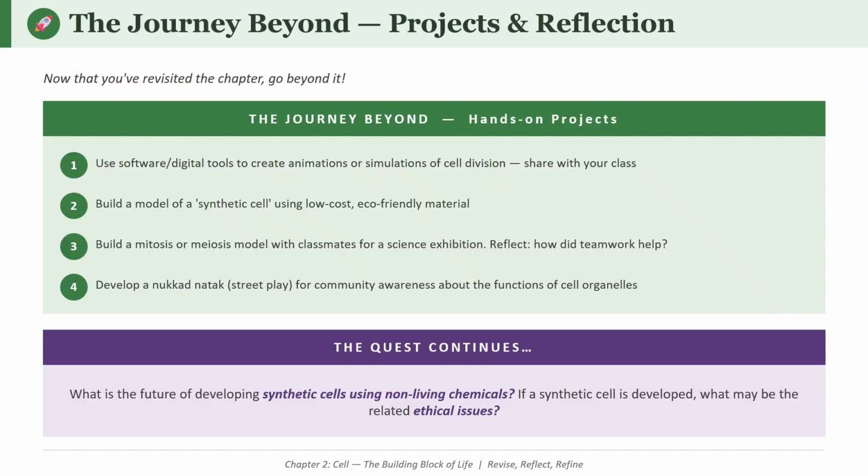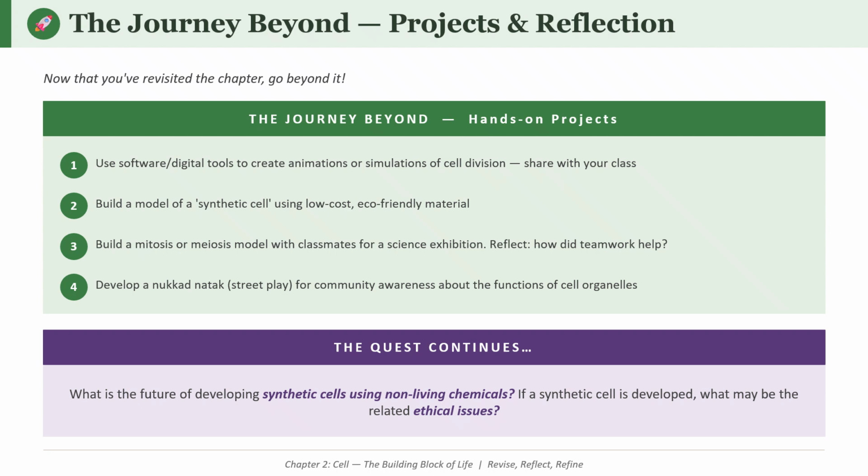So, the journey beyond projects and reflection. What can we do? The journey beyond hands-on projects. We can use software or digital tools to create animations or simulations of cell divisions, which you can share with your class. Or you can build a model of the synthetic cell using low-cost, eco-friendly material.